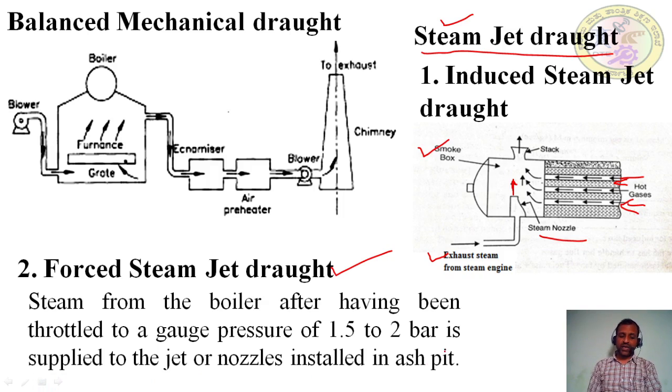The steam with a high velocity drags the air along the fuel bed, furnace, then flues, and then to the chimney. Here the forced draught produced by the steam is known as turbine draught. That is called the forced steam jet draught.